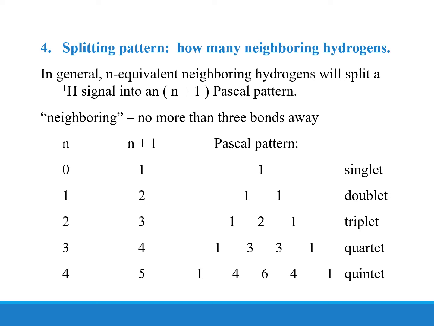So the Pascal pattern also tells you about the intensity of the peak, because if you add any of the above numbers, the sum of them you'll find below that number.